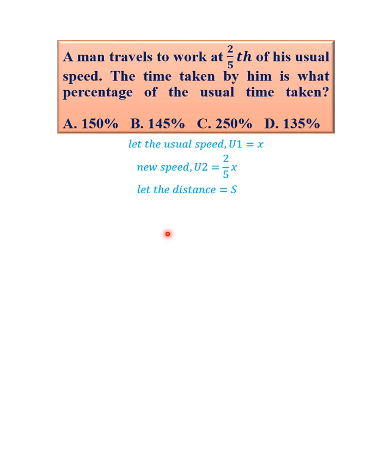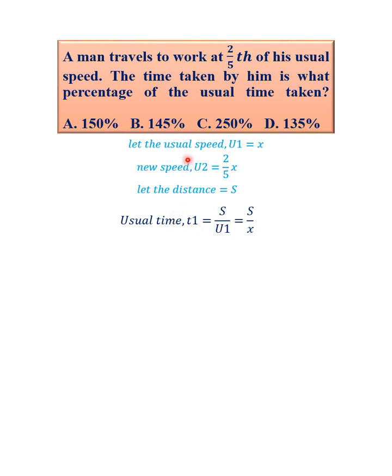Remember, the formula for speed is equal to distance all over time. So we can say that the usual time, t1, equals distance all over speed. Recall that speed is equal to distance over time, so if we make time the subject of the formula, time is equal to distance over speed.